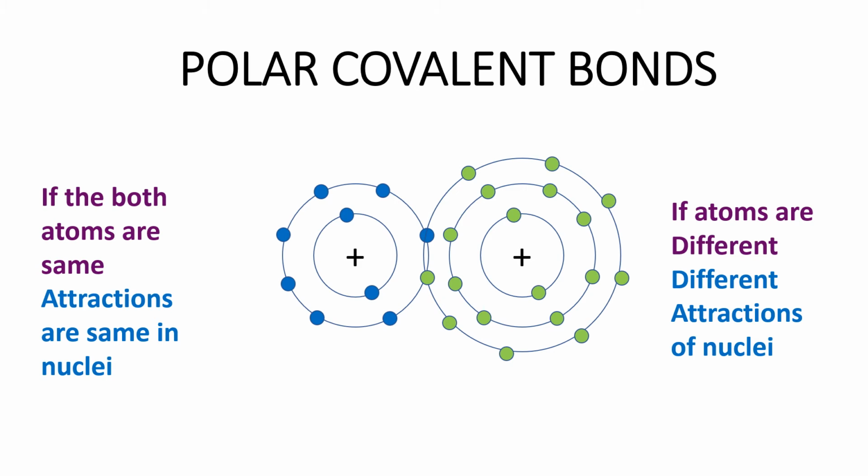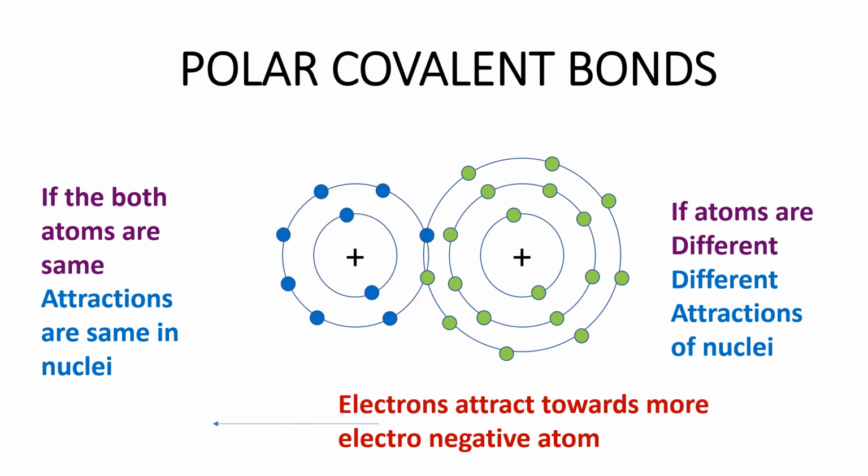Let's consider this example. In the left hand side atom, it has higher electronegativity than the right hand side atom. Then the electrons can be attracted towards the more electronegative atom. Therefore, these electrons are attracted towards the left hand side where the electronegative atom exists.